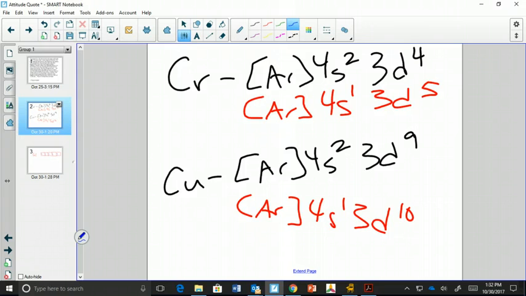Cool. Lucas, did I answer your question? How do we see these different... So it used to be, your textbook used to have a whole list of them, but this newer textbook took that out. So for every element on Wikipedia or any place on the internet, you can go and find it. It'll show you the electron configuration.